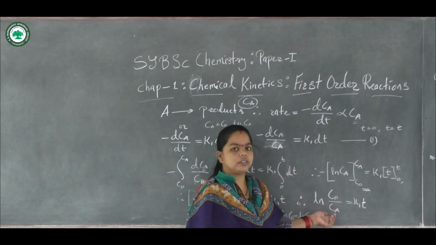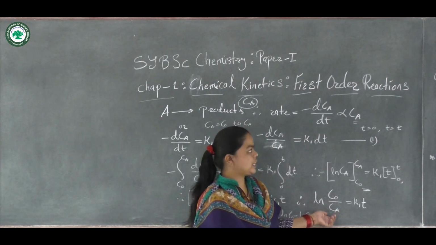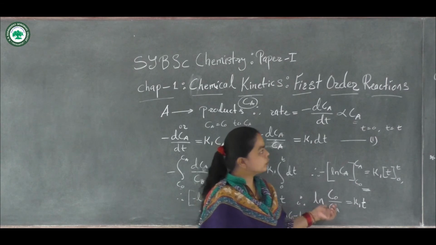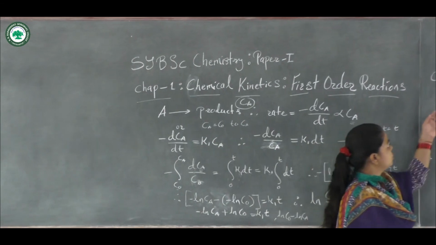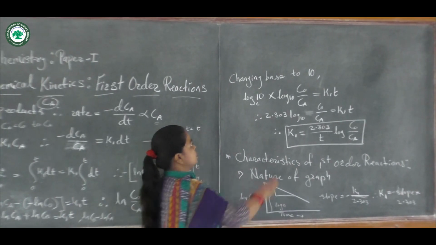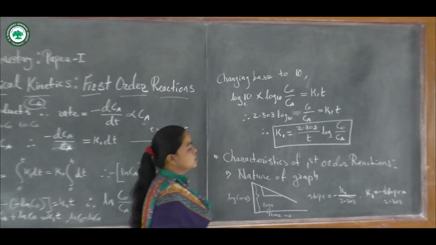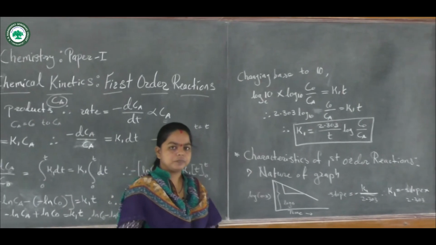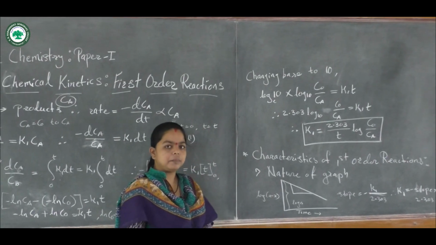So we have to change the log now to base 10. If we change the base of the log, then we can change the equation to base 10 logs. We are going to multiply this equation by 2.303, which is the value of ln 10.